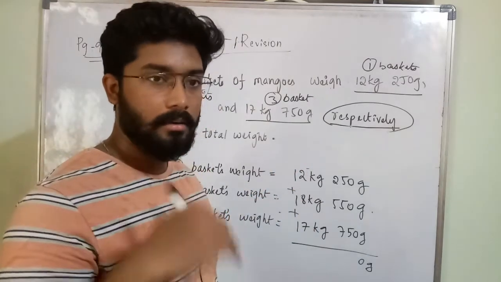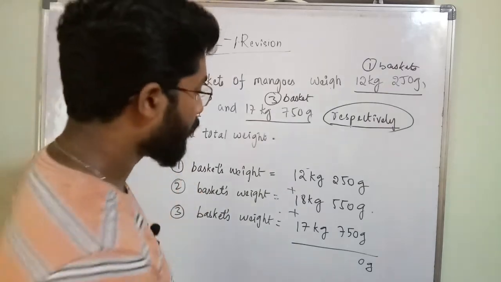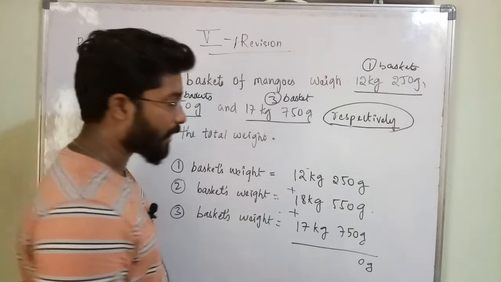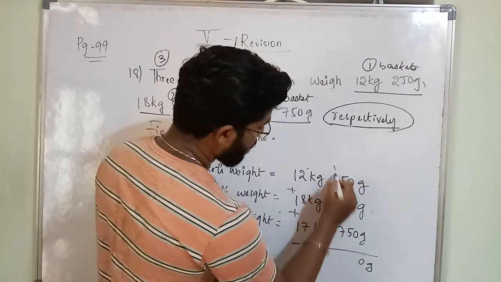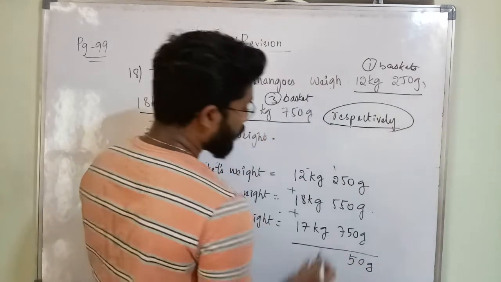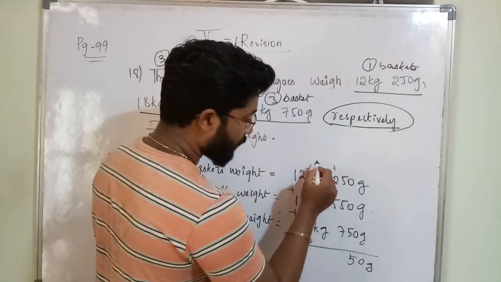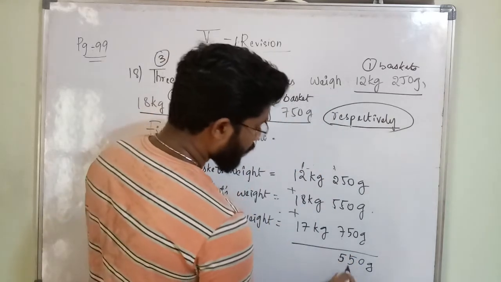You can't add different units, okay. The given quantities which we are adding should all be in one unit. So here we have kgs, grams, kgs, grams, kgs, grams. That's why we are adding everything. So here 5 plus 5 is 10, 10 plus 5 is 15, completed. 2 plus 1 is 3, 3 plus 5 is 8, 8 plus 7 is 15, okay. 15.